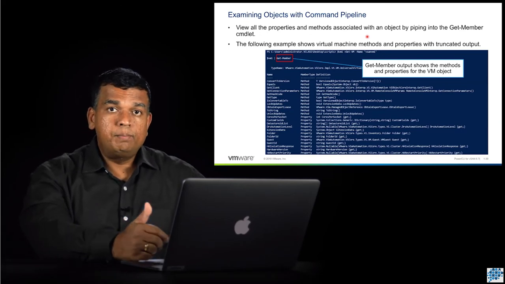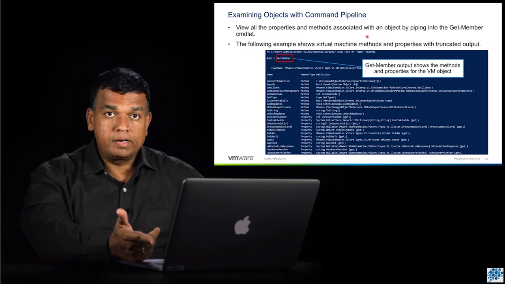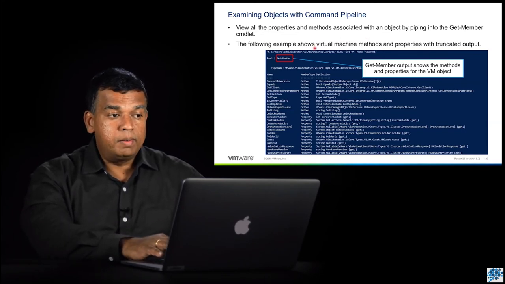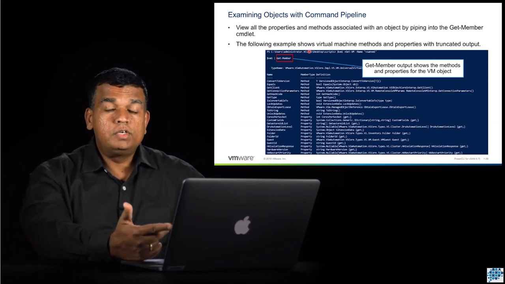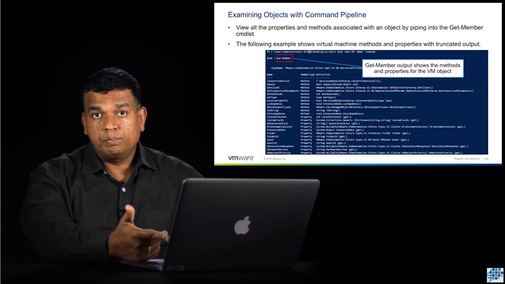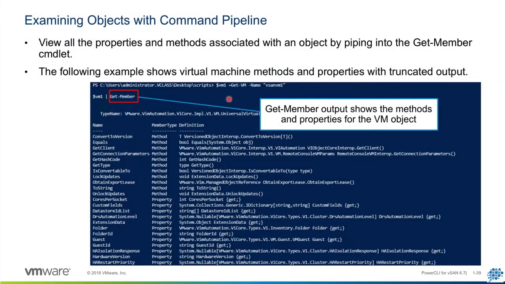There is another very important commandlet which I would like to talk about here, which is the Get-Member commandlet. What does Get-Member do? Basically, the Get-Member commandlet will show you all the properties and methods of an object. For example, here I have an object of type virtual machine, and I have stored it in a variable called VM1.